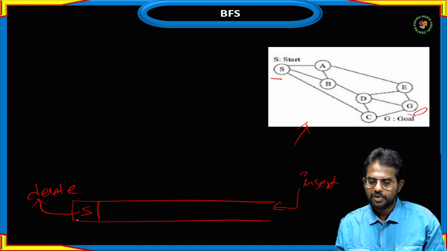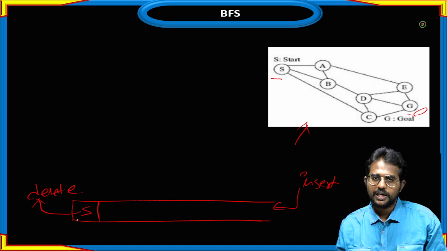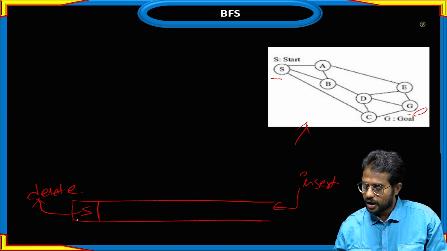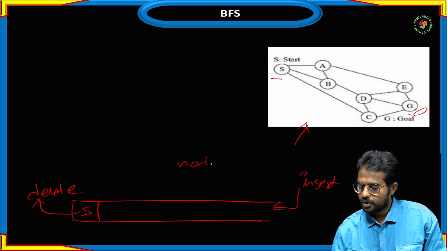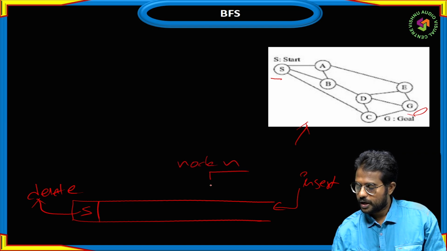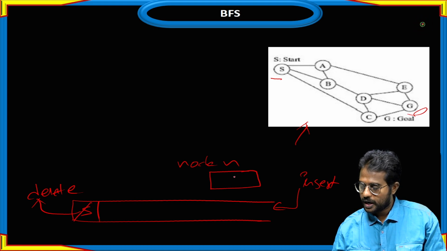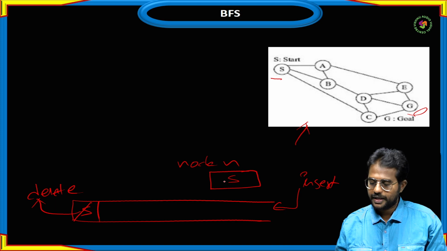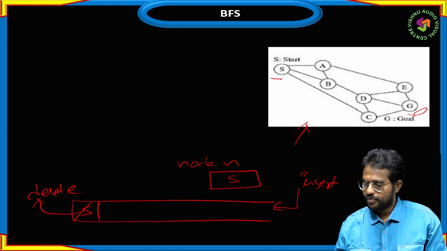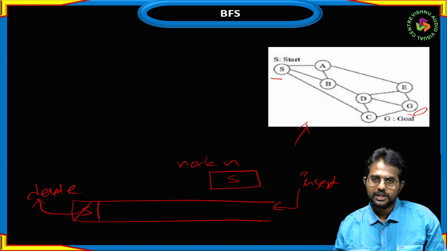The first statement is to delete an element from the queue and store it in node n. So I will delete S from the queue and store it in node n, so node n will be having the starting node, that is S.